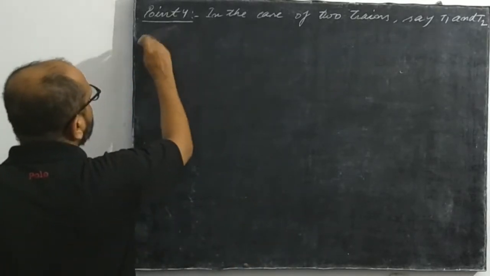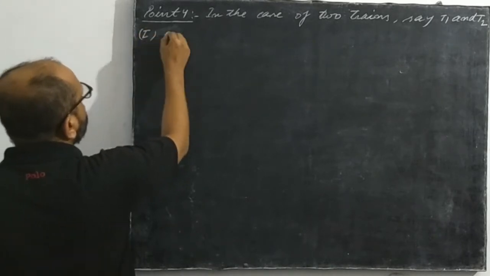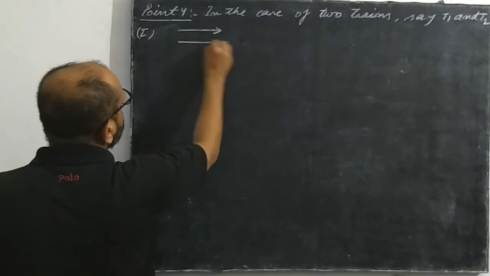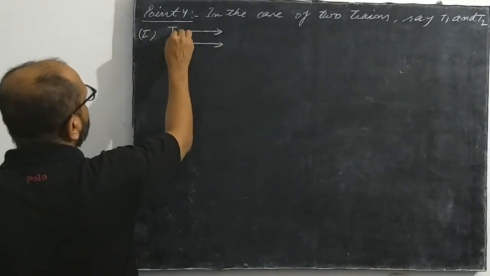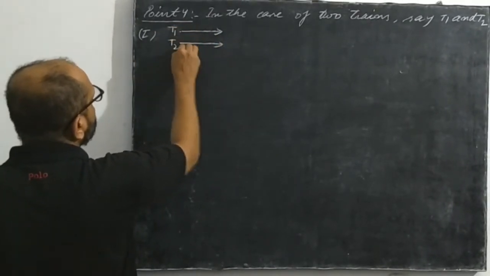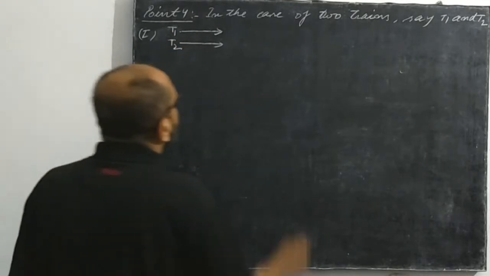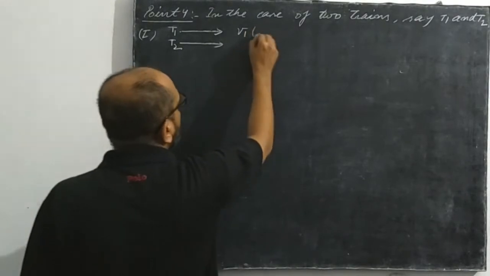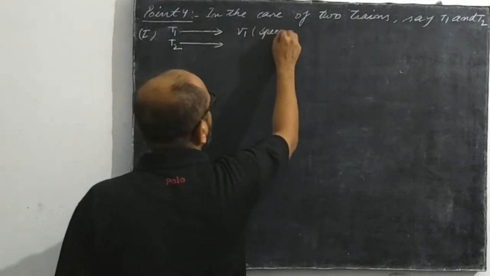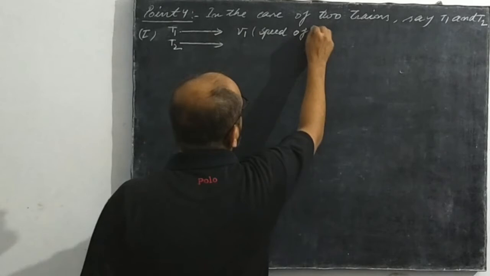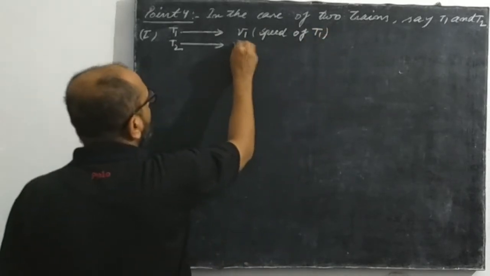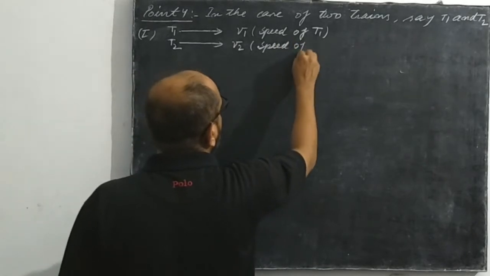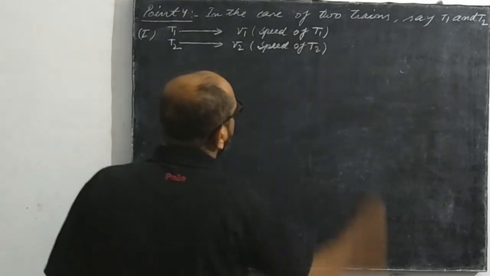In the first case, if the trains are moving in the same direction, both T1 and T2 moving in the same direction, and the speed of train 1 is V1 and V2 is the speed of the second train T2.